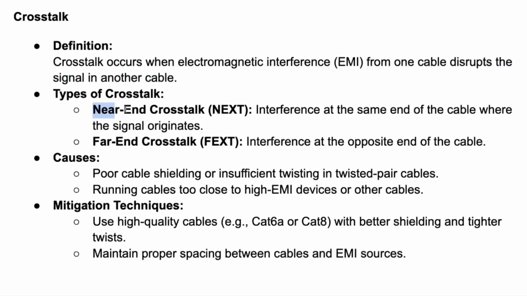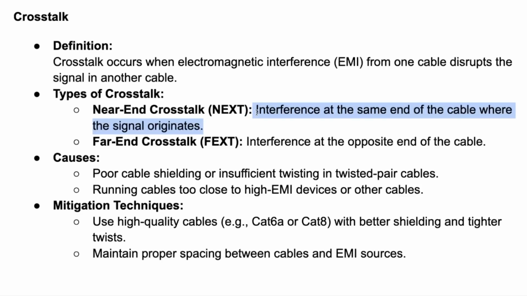There's near end crosstalk, also known as NEXT, very cool acronym. This is the interference at the same end of the cable where the signal originates. So it's happening on the same section where the signal is starting, near the end of the connection that the signal is originating from.